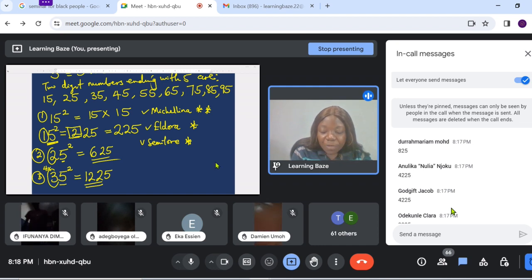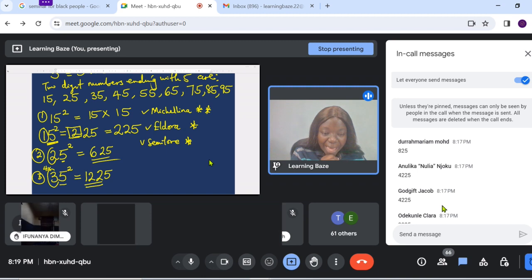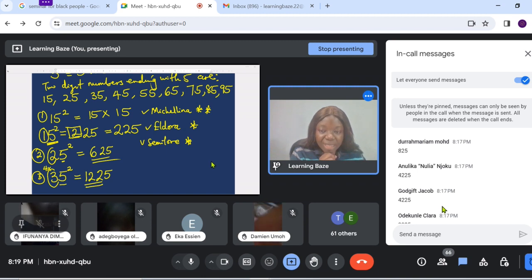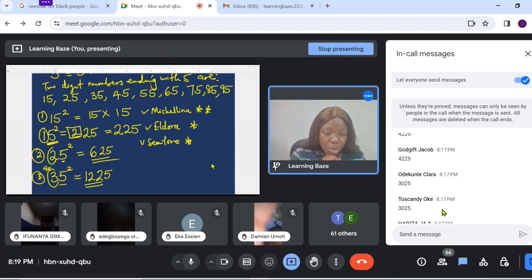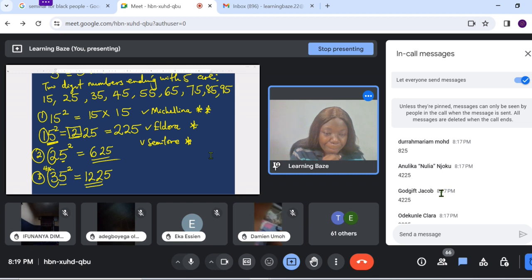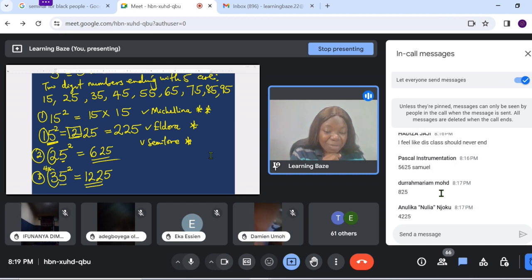The square of 55 is 3025. So the first three students who typed 3025. Some people typed 4225. You actually thought I was going to mention 65.